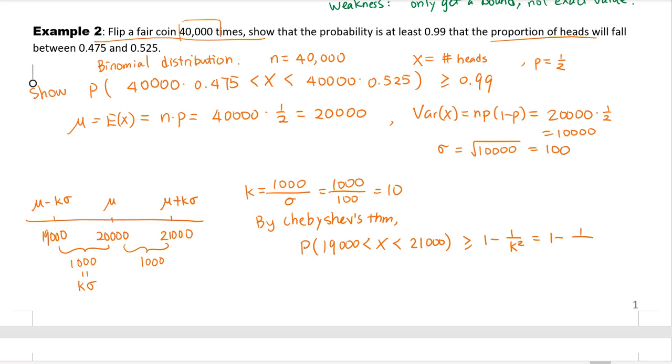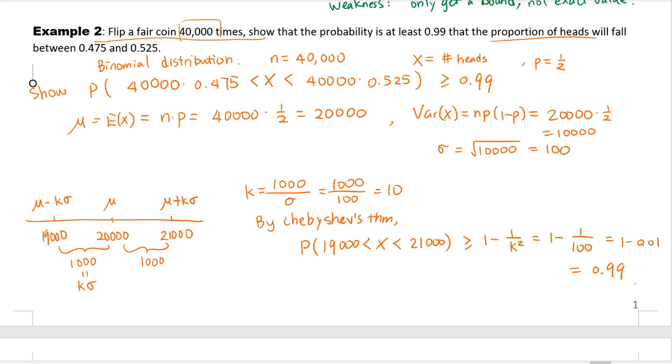And k is 10, so k squared is 100. 1 over 100 is 0.01. So 1 minus 0.01 is 0.99. And this is what the question asks us to verify. So we just showed that the probability is at least 0.99 that the proportion of heads will fall between 0.475 and 0.525.